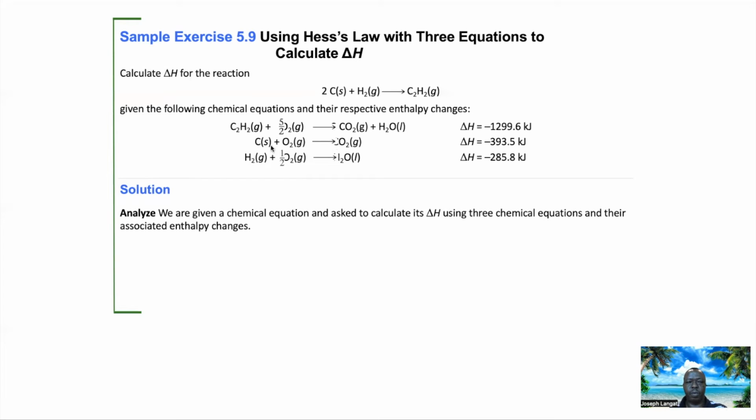A coefficient of 2 here, coefficient of 2 here, coefficient of 2 here, which means we will also multiply this by 2. I think this will remain the way it is because I see hydrogen is still hydrogen. So with this approach, we are using Hess's law to find the enthalpy change for the overall reaction.